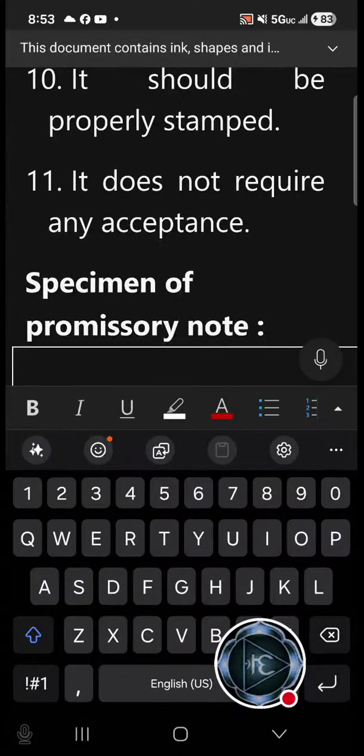Okay, that is a very key aspect. A promissory note doesn't require anyone to accept the note.